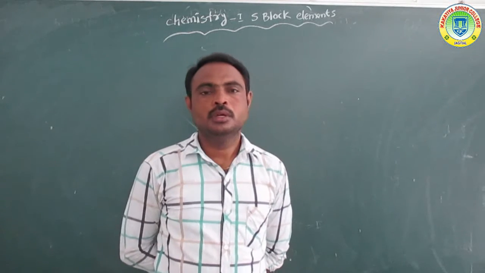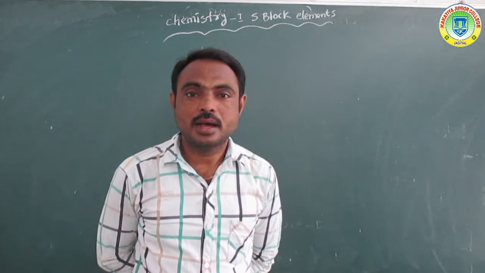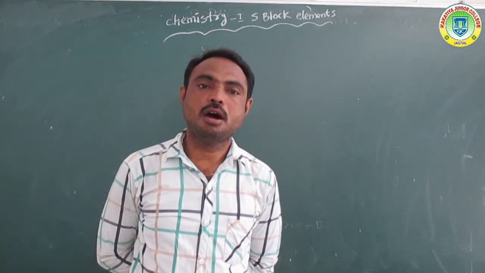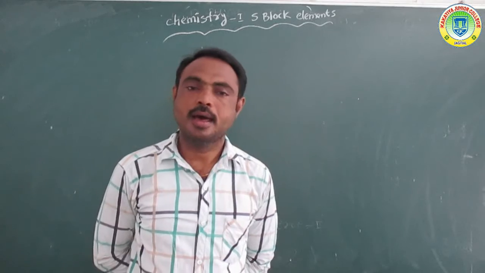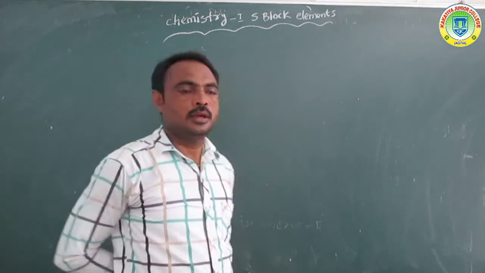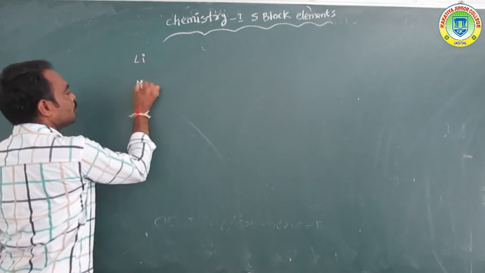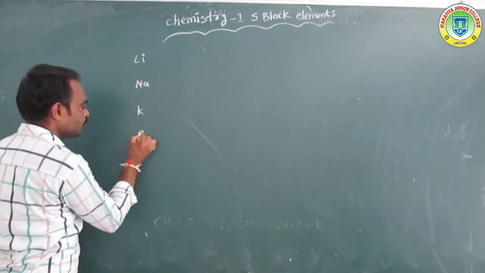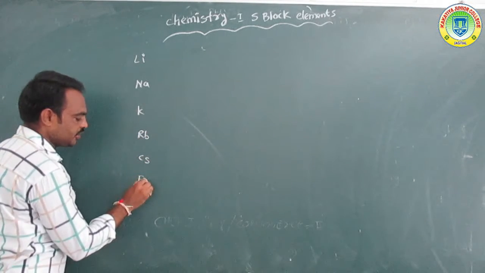Now, all first group elements except hydrogen are called alkali metals. Suppose lithium, sodium, potassium, rubidium, cesium, francium.